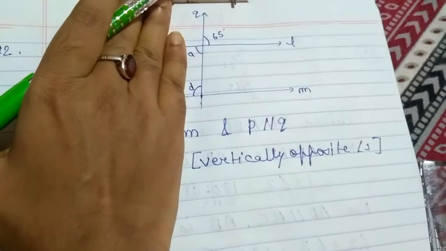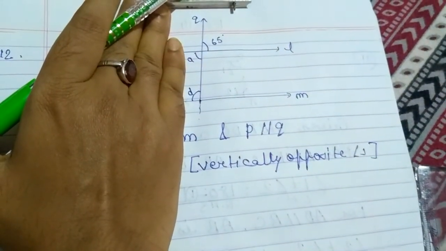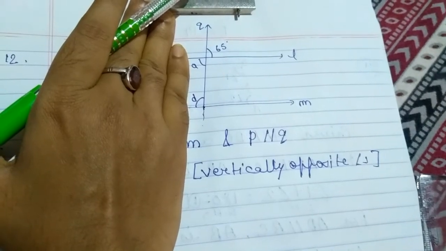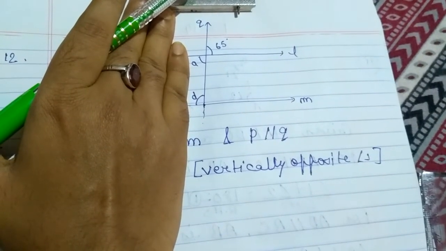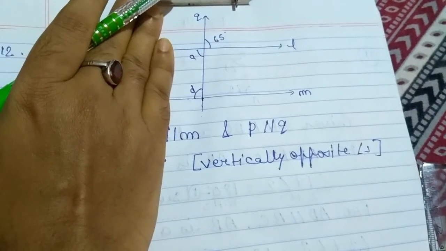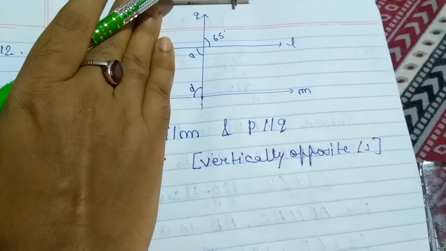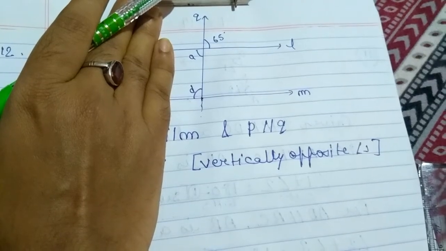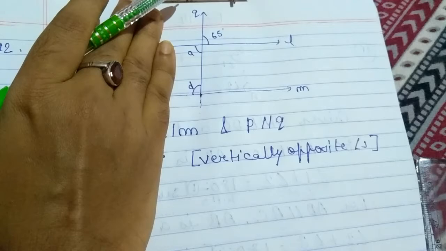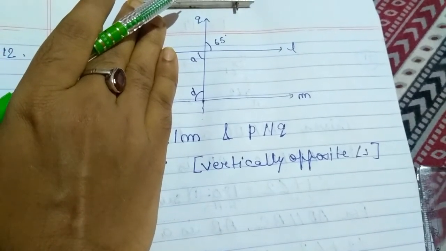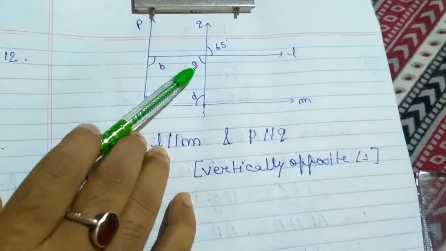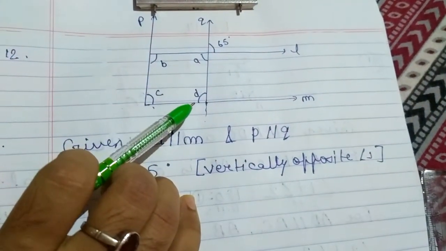Now just see, if L parallel to M, then Q is a transversal. If Q is a transversal, then angles which are made on the same side interior area are called consecutive interior angles. So these angles are consecutive interior angles. It means the sum of both angles is 180 degree. That means A plus D equal to 180 degree.